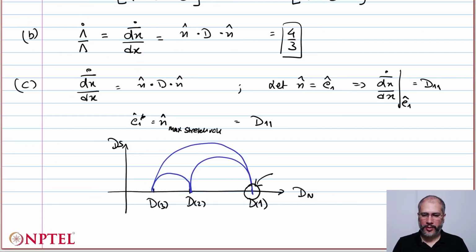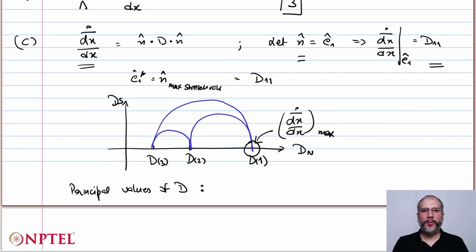So this basically corresponds to the maximum value for dx dot upon dx in this case, because dx dot upon dx corresponds to the diagonal component if my coordinate axes are aligned with the vector of interest.